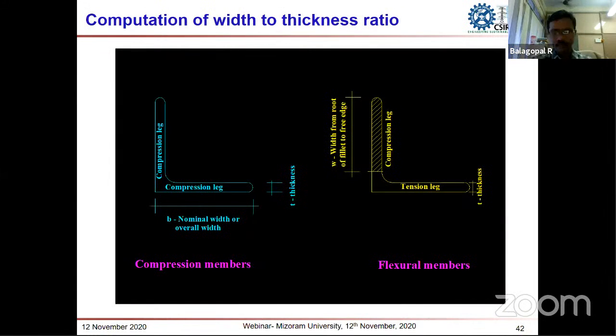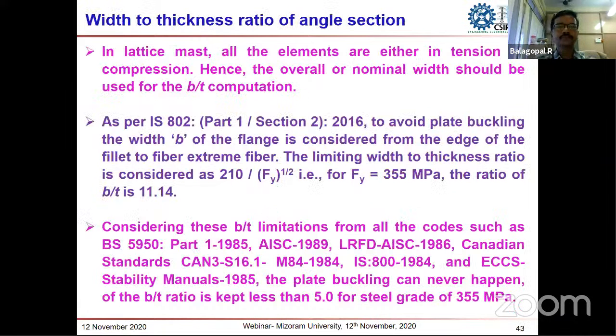This is how to compute the b/t ratio of a compression member and a flexural member. For a compression member, we have to take into account the entire width of the angle section. For a flexural member, from the fillet radius to the edge of the angle, we have to consider.